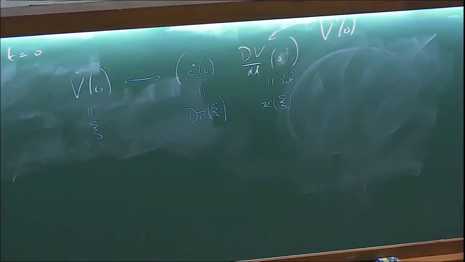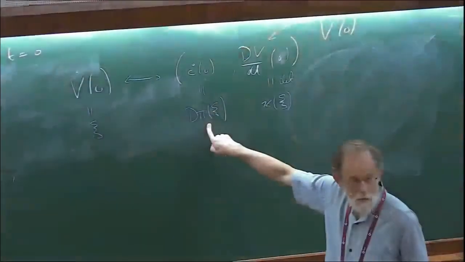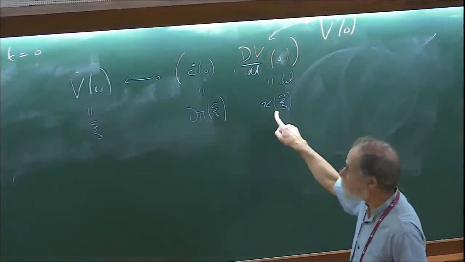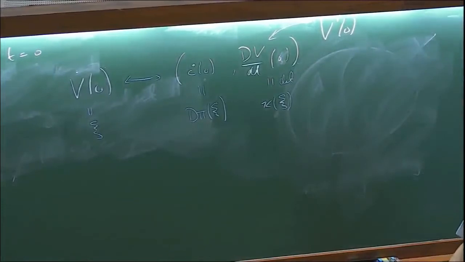And so part of what I'm saying here is the claim that if I were to use a different curve that has initial tangent vector xi, it's pretty easy to see that this is always going to be the same. This also turns out to be the same. You have to make a calculation to verify it, which I'm not going to do today, but it's true.